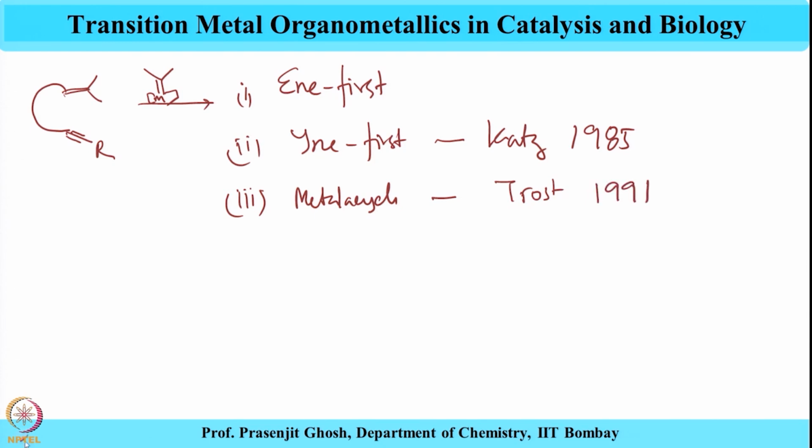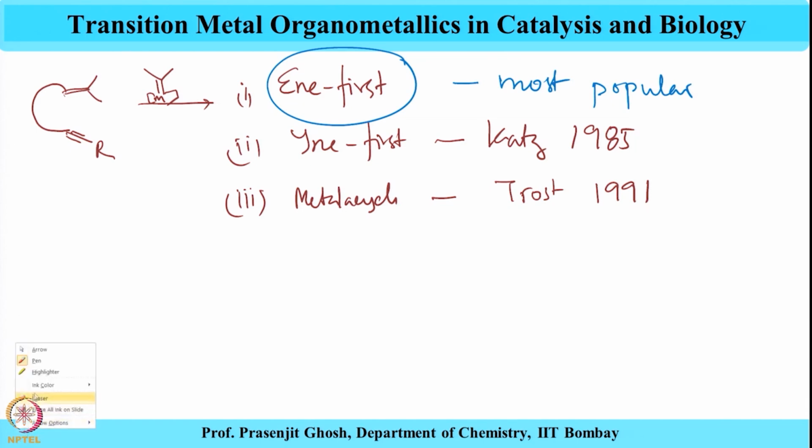However, the most popular mechanism to gain clearance is the yne first mechanism, and that is the one which is now believed to be gaining ground. So, let me show the mechanism proposed by Katz, which is the yne first mechanism, and the one that is shown by Professor Trost as well.